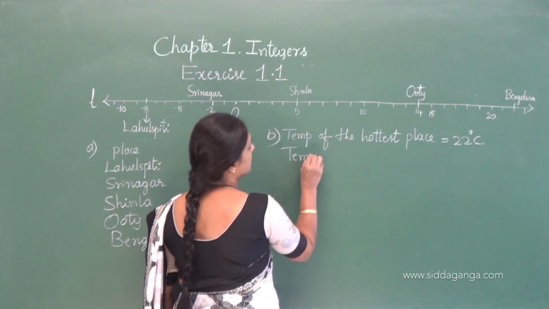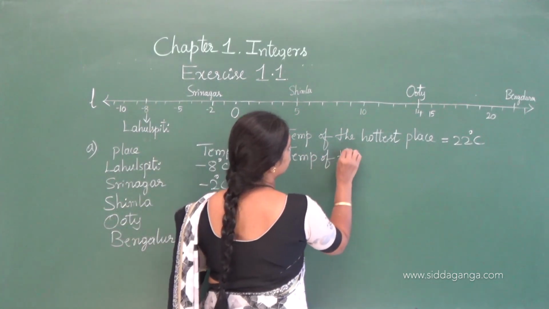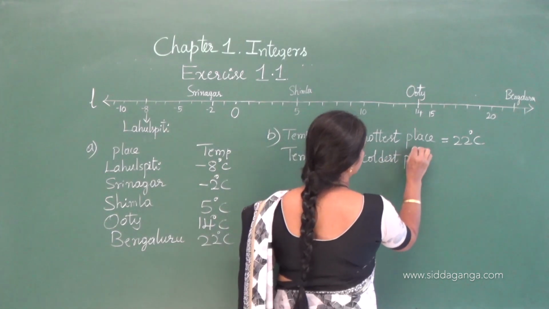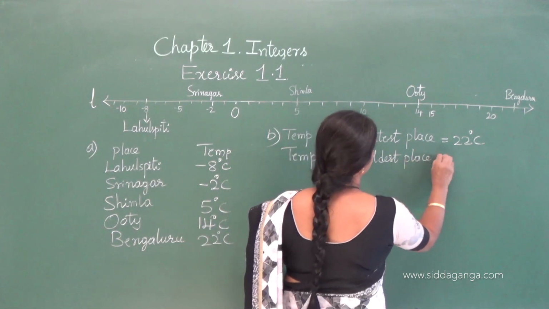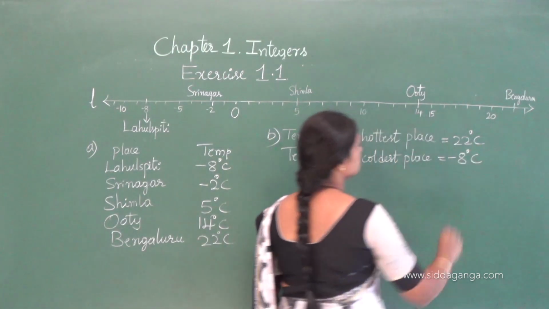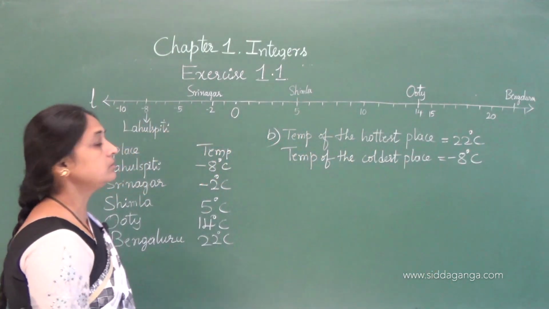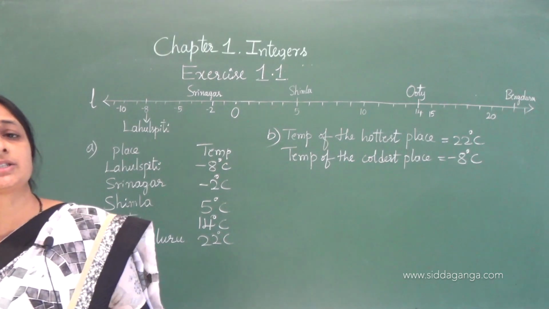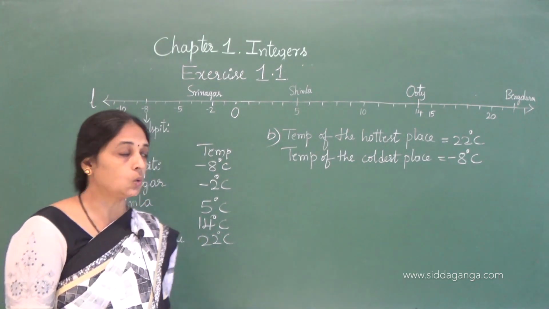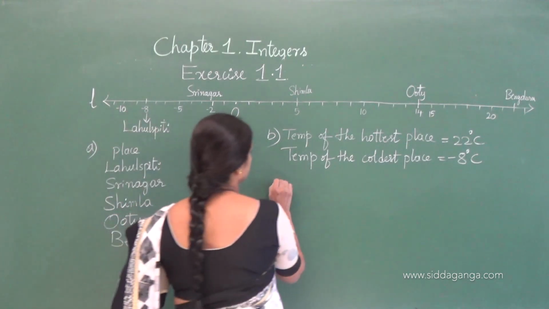Then temperature of the coldest place, that is Lahul Spiti, it is of -8 degree Celsius. What they have asked? They have asked to find the difference between the hottest and the coldest place.